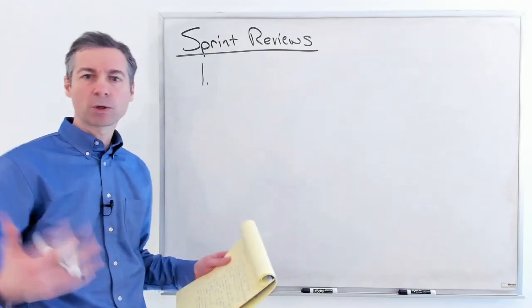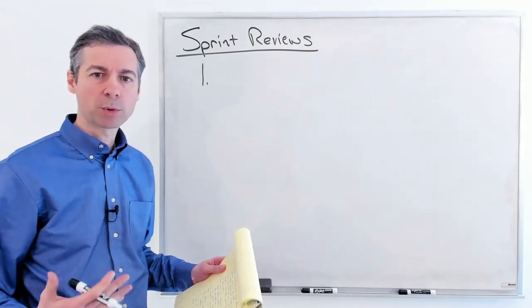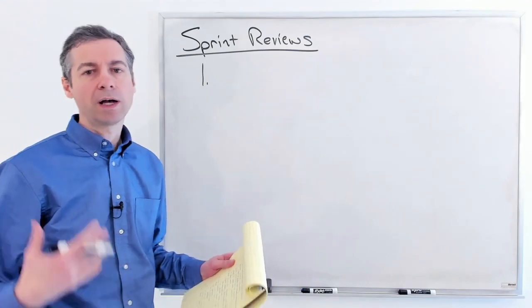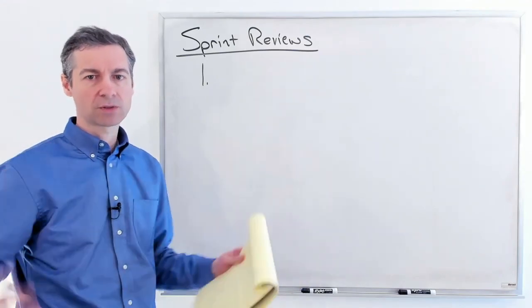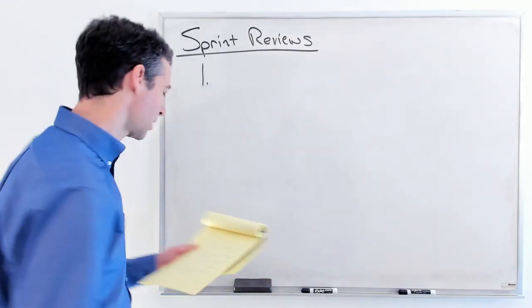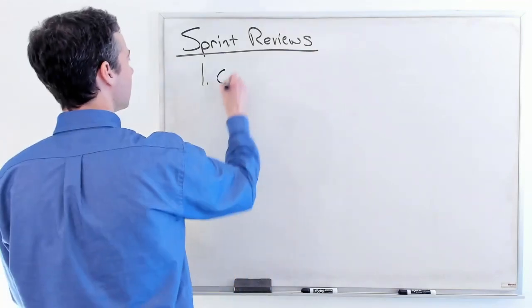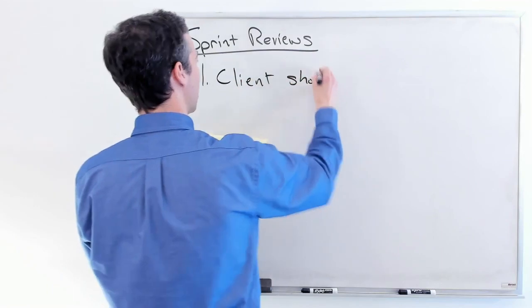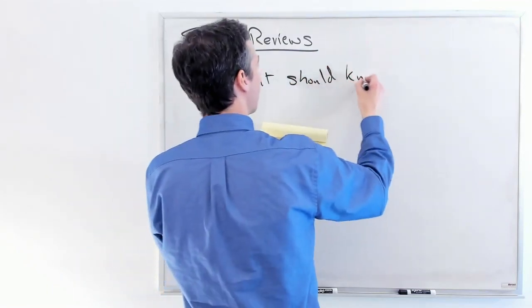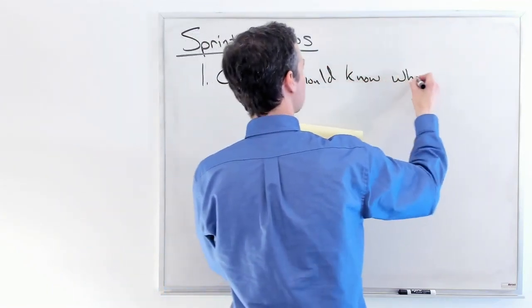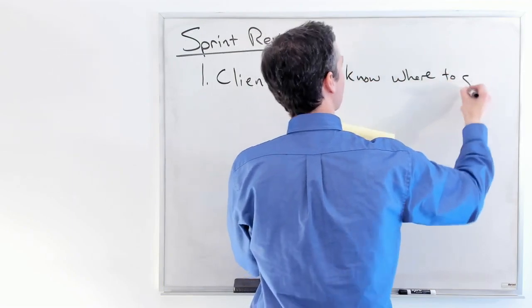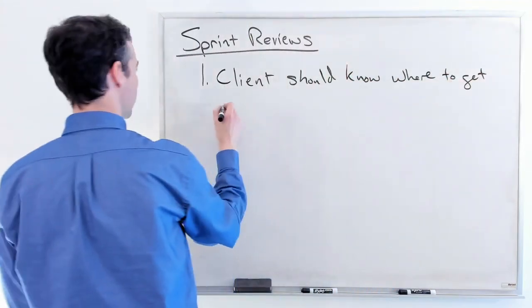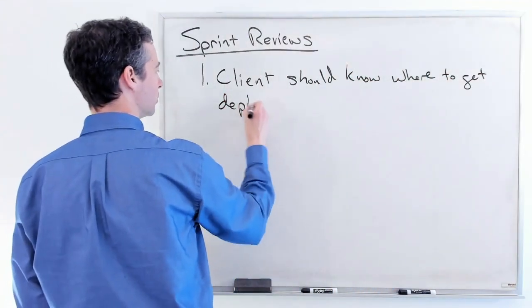So by us incorporating it as a mandatory portion of the review, it makes sure that students actually deal with it and cover it. We really want our client, the client really should know where to get the deployed software prior to the meeting.